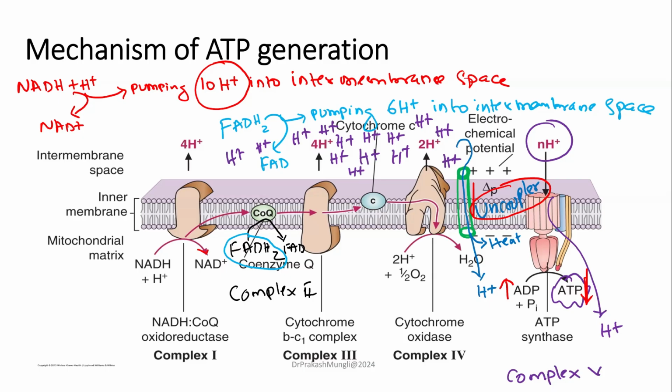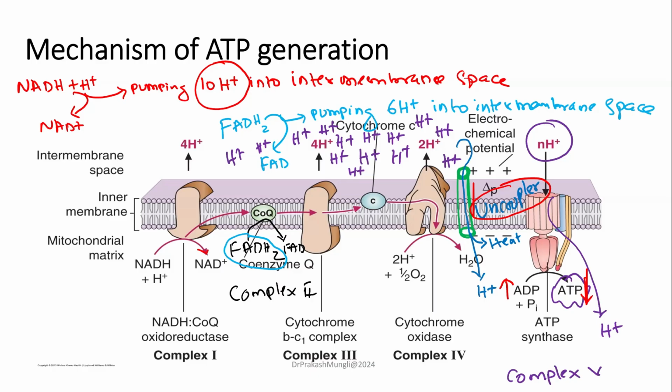That means your cell first has to make NADH and FADH2, then only can it oxidize them. How to get NADH and FADH2? Metabolism. You have to run metabolic pathways.